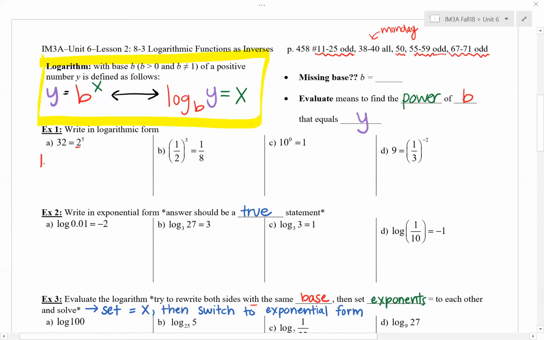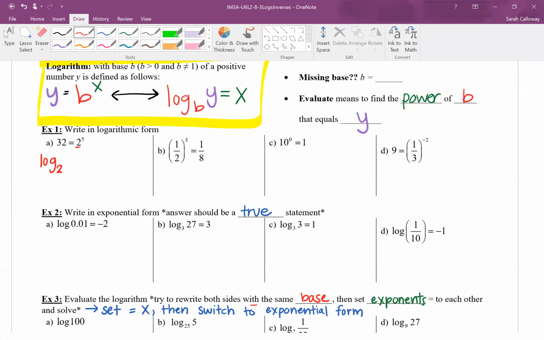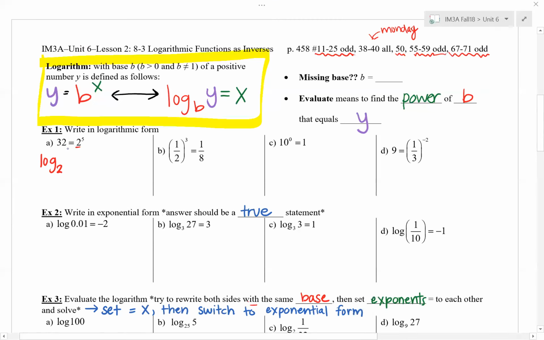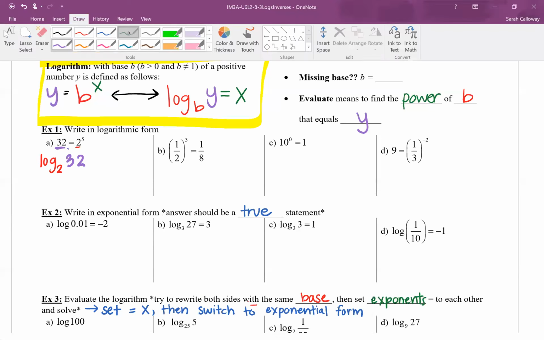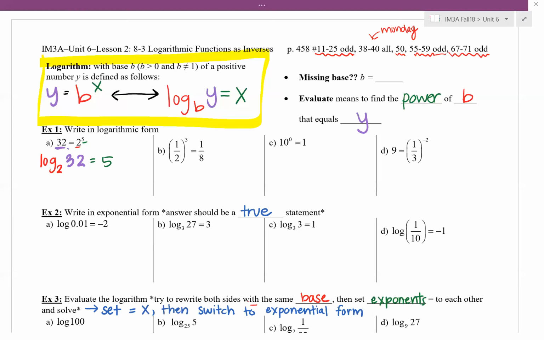That means we're going to write log with the base of 2, and 2 is a subscript. It's smaller than the rest, written down at the bottom. The number that was by itself equals the exponent on the base, so equals 5. So structurally, log base 2 of 32 equals 5. Again, we can see that 2 to the 5th equals 32 if we wanted to go backwards.